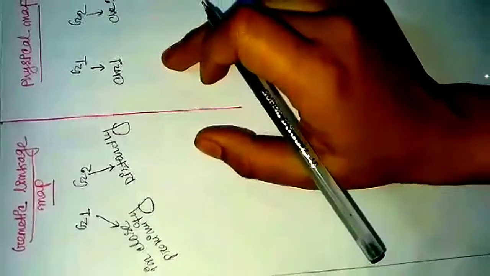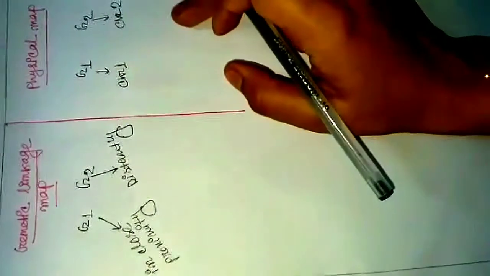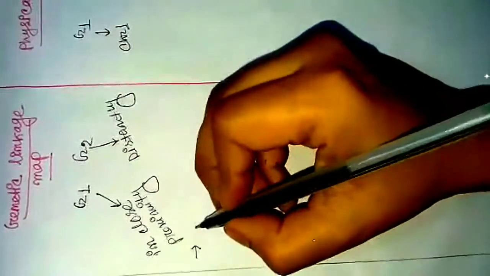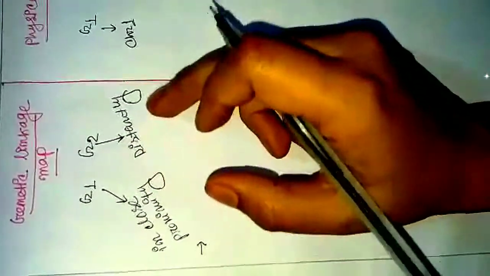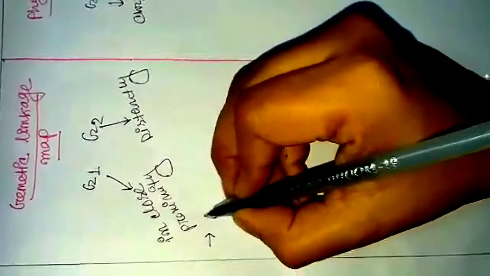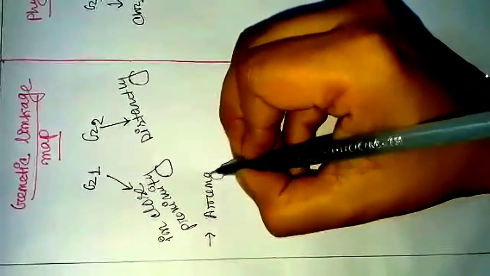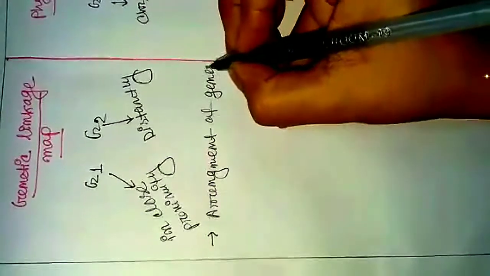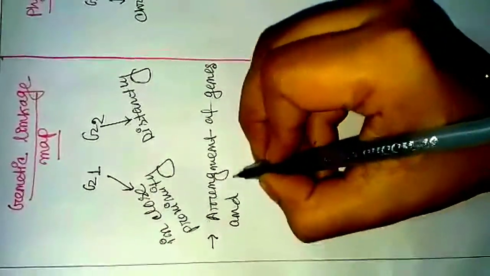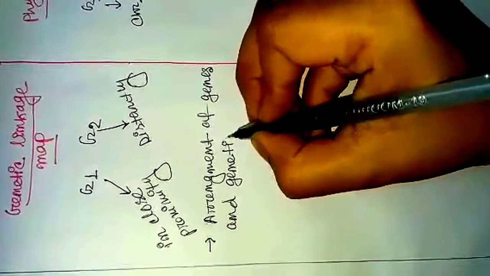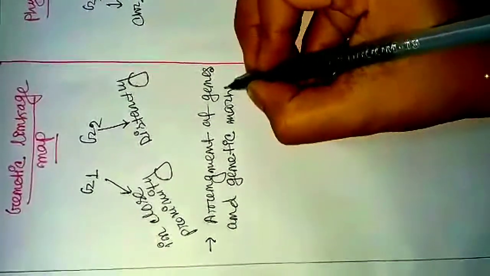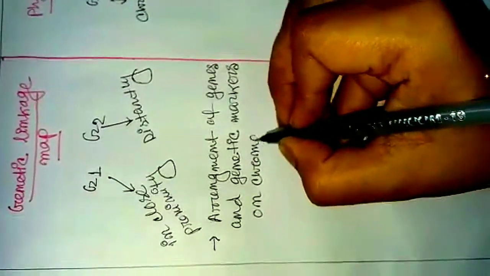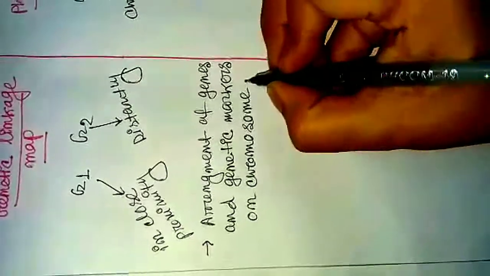There are some differences between the genetic linkage map and the physical mapping. First point: in case of the genetic linkage map, by using this map we can see the arrangement of genes and genetic markers on a chromosome.